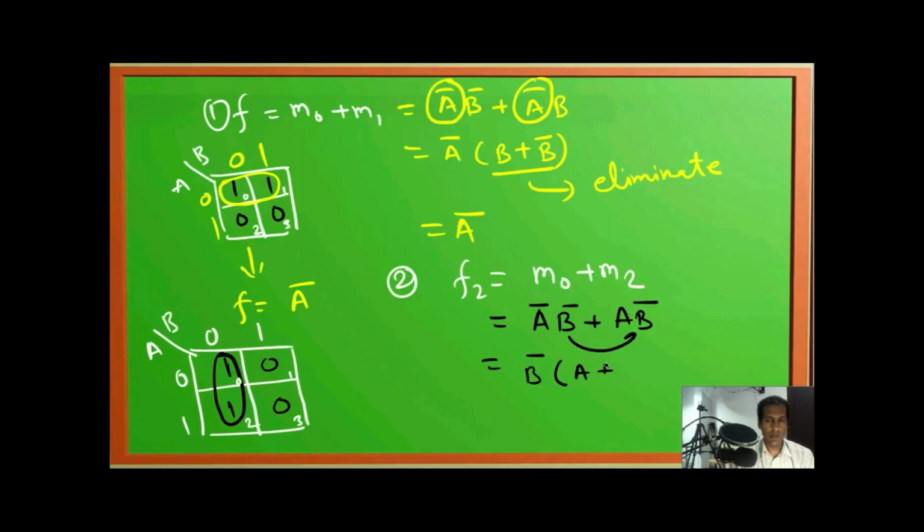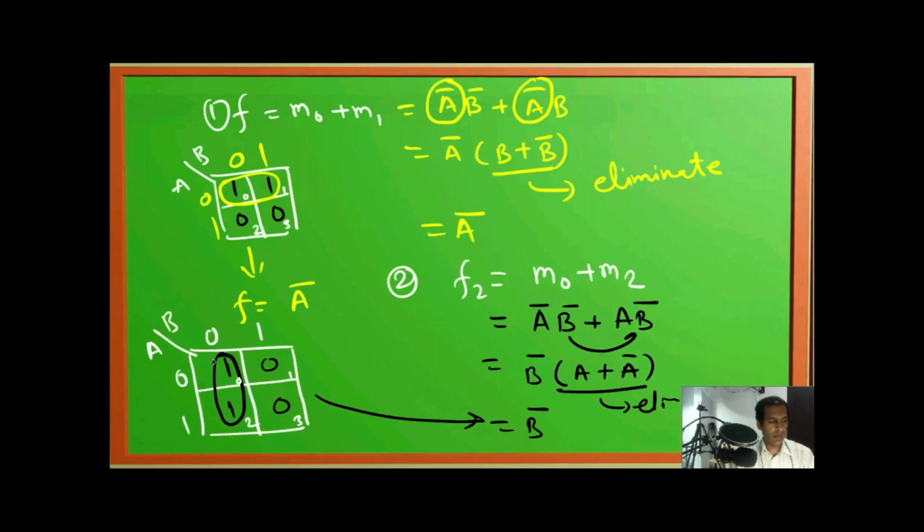Here we can write A plus A bar, so this term we can eliminate. So remaining will be B bar. In this box A is 0, B is 0, here A is 1, B is 0.